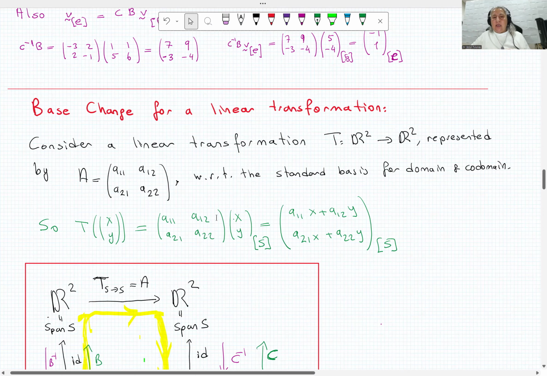So A11x plus A12y is the definition of that. And this times this is the definition of the linear transformation. We can go both ways. So when we are doing it, basically it is the standard basis for both sides, for the domain and the codomain. Now the question is, how can we figure out the matrix form for any basis for the domain and for the codomain?